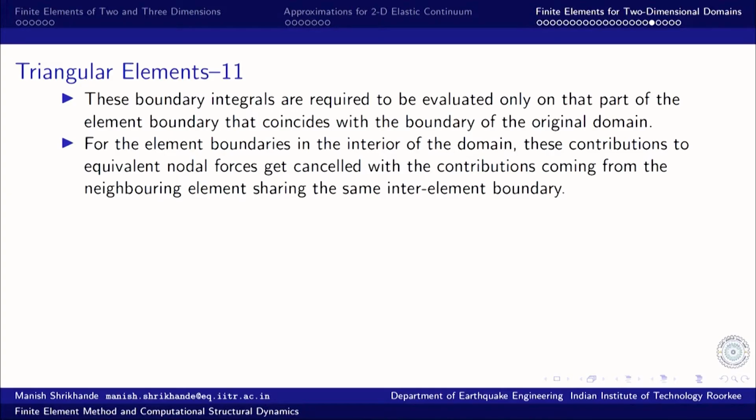Of course, one element cannot cover the entire domain boundary, so one element boundary can have only part of the original domain boundary. For the element boundaries in the interior of the domain, these contributions to equivalent nodal forces get cancelled with the contributions coming in from the neighboring elements. The secondary variables are of opposite signs and they would cancel out along the inter element boundaries.